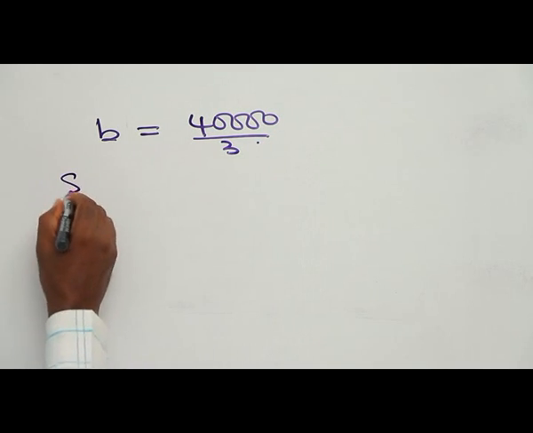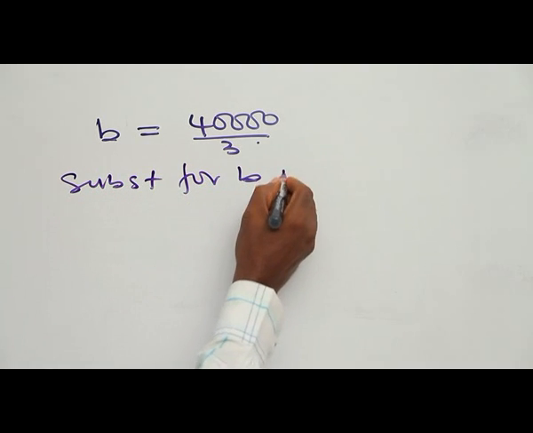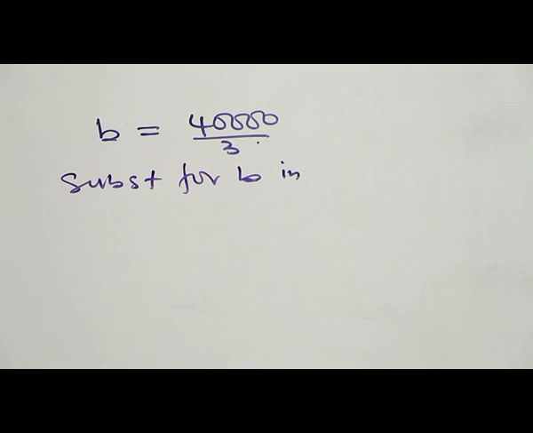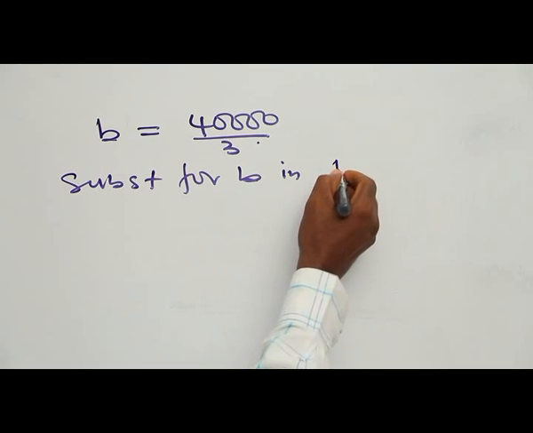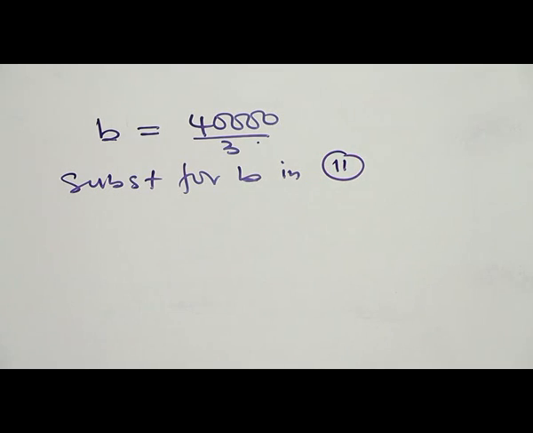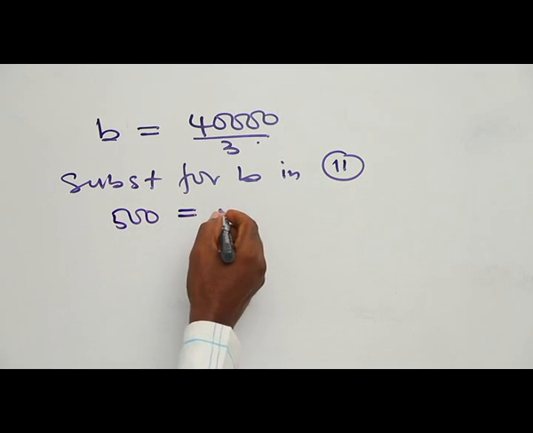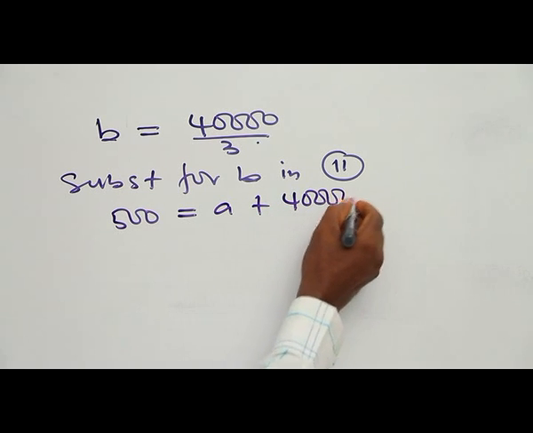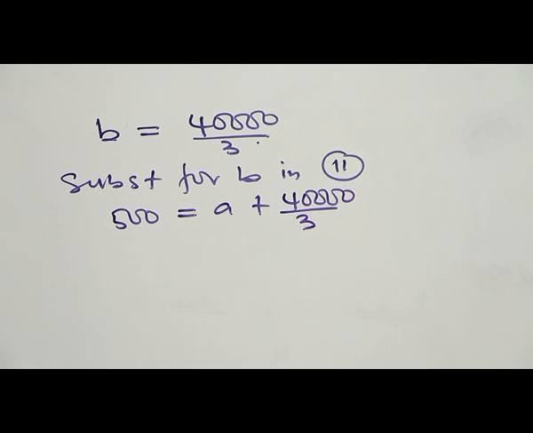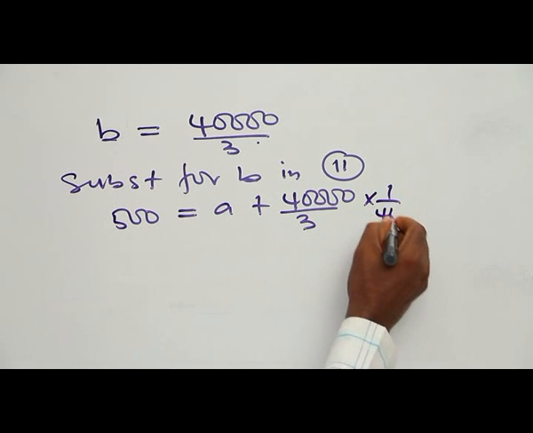So we now substitute for B in any of the equations. Let's substitute for B in equation 2. You now have 500 equal to A plus 40,000 over 3 times 1 over 40.